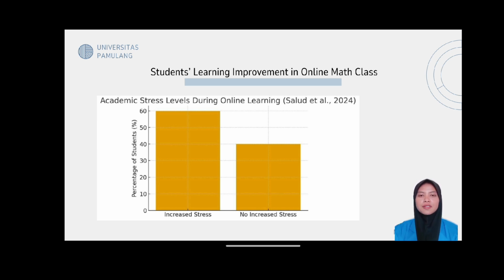You can see this comparison in the chart on the screen. That's why, while online learning helps with flexibility, it can also cause pressure and anxiety because of a noisy workplace, unstable internet connection, or less social interaction. So the effect of online learning is not only academic, it also affects students' emotional well-being.